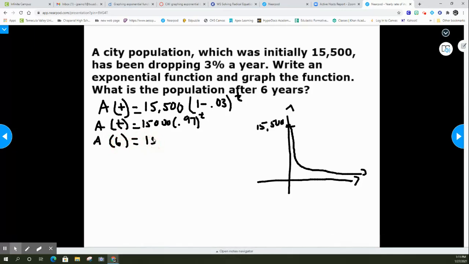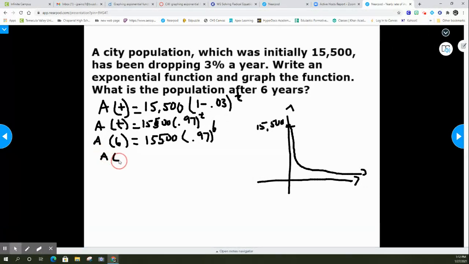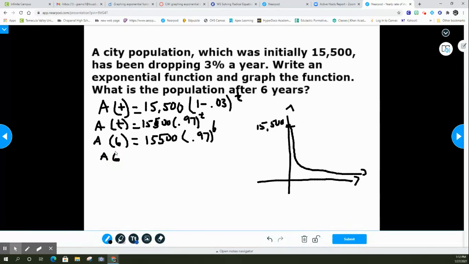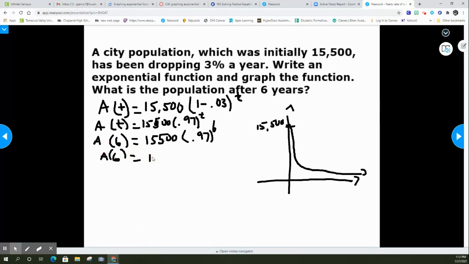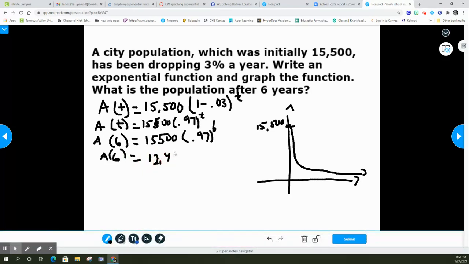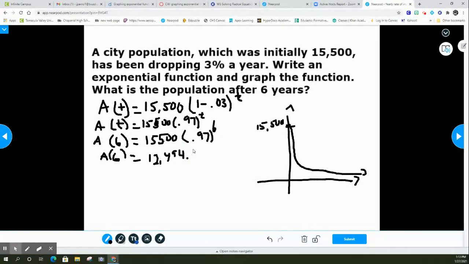So again, we're going to need our calculator. Let me pause and type that into my calculator. When I plug that in, 15,500 times 0.97 raised to the 6th, I got 12,494.6.